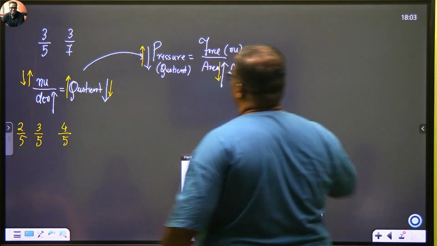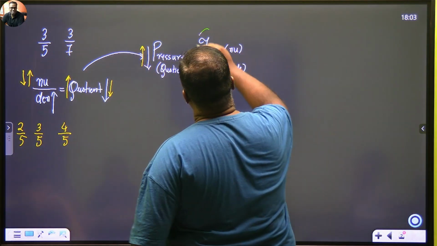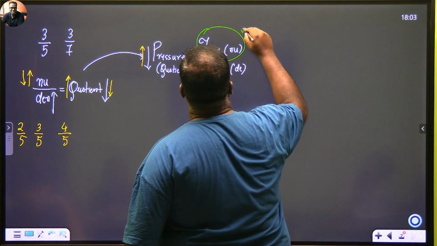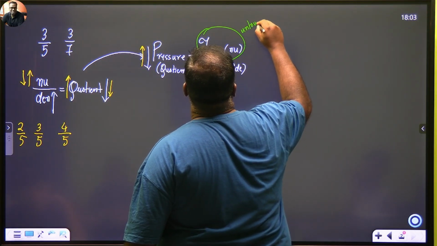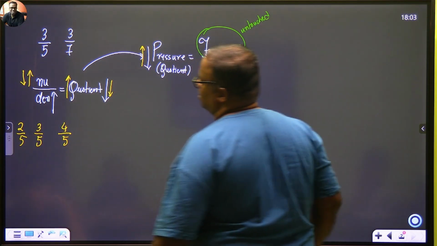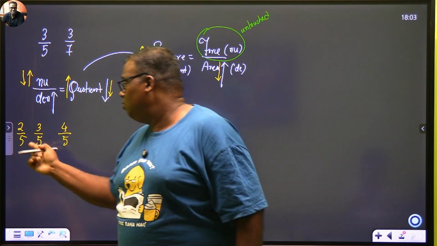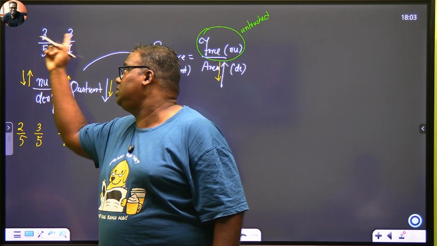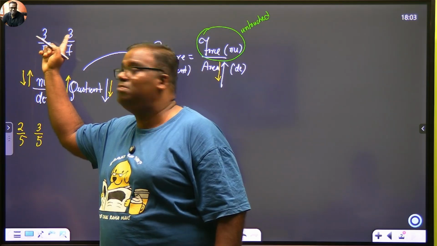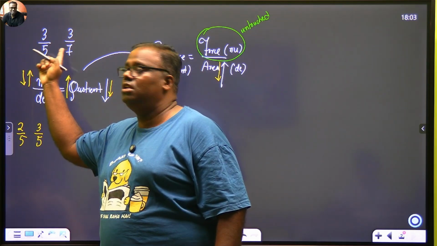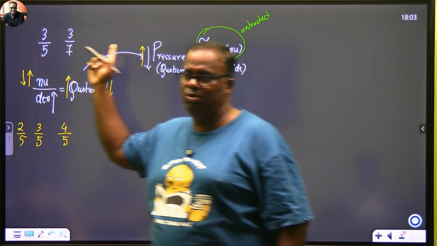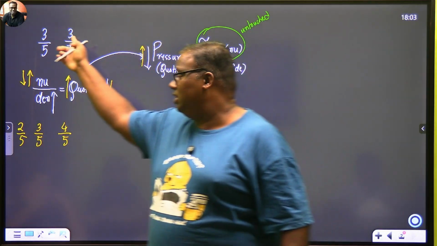And if the numerator is decreased, the quotient value decreases. So if I now play on force and vary force and keep the area constant, I will find that the pressure varies directly with force. If the force increases, the pressure will also increase.